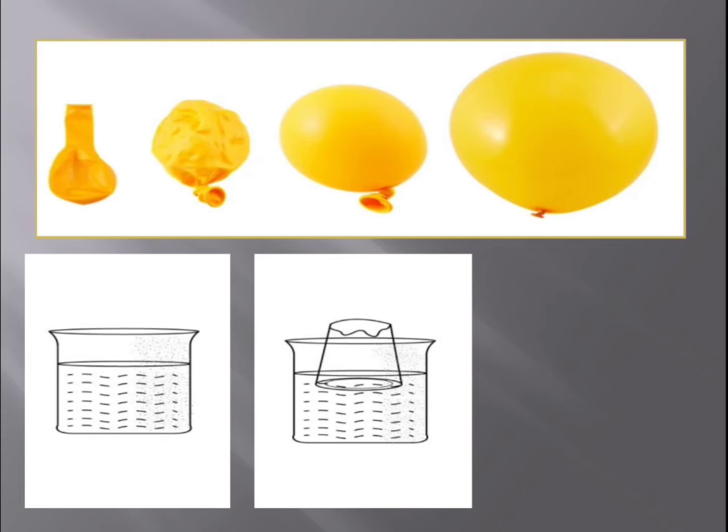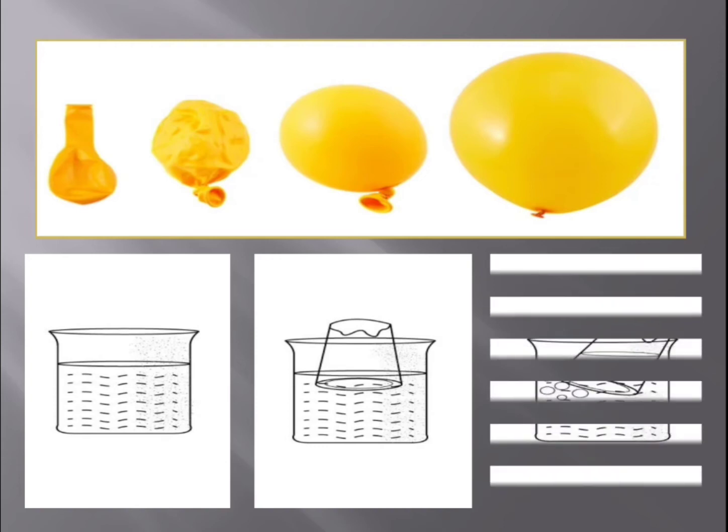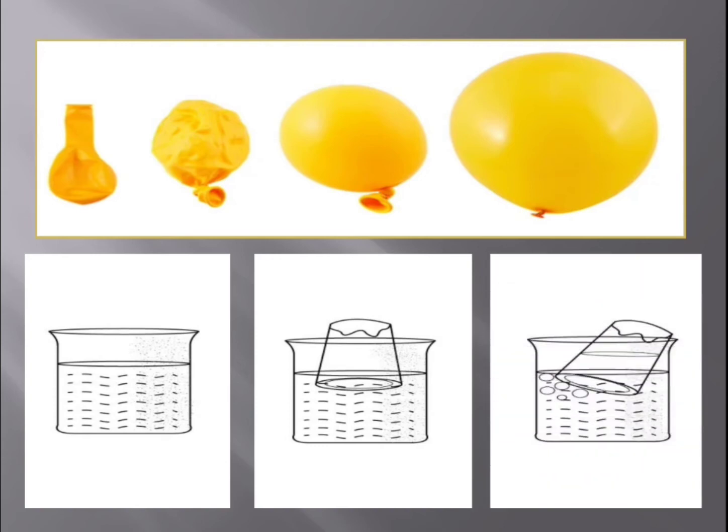And if you slightly tilt the glass which we have inverted into the water, then you can see air bubbles coming out of the glass. As the air bubbles come out of the glass, the water rushes into the glass. That means the air is coming out and water is taking the air space. Okay, by this experiment we can say that air occupies space.